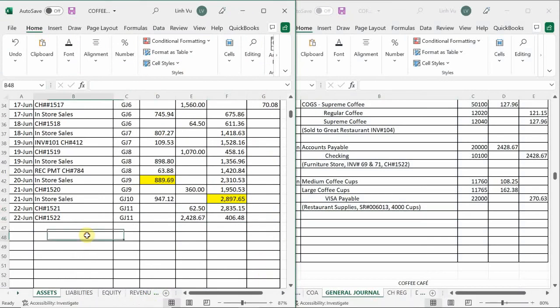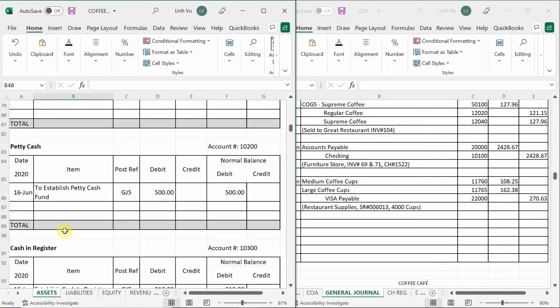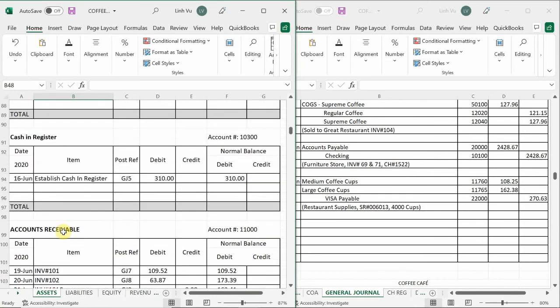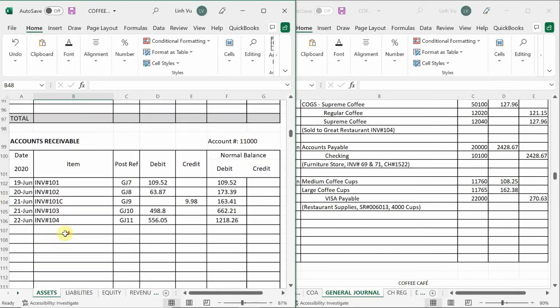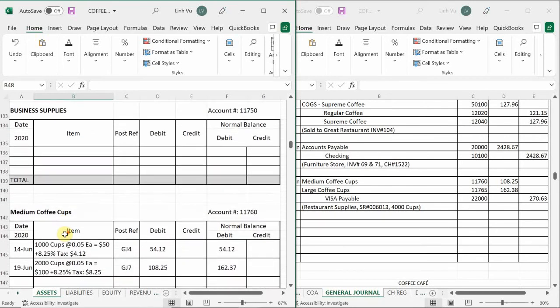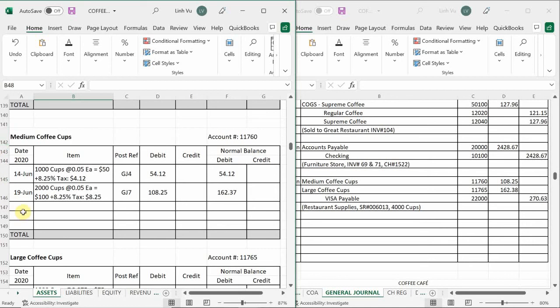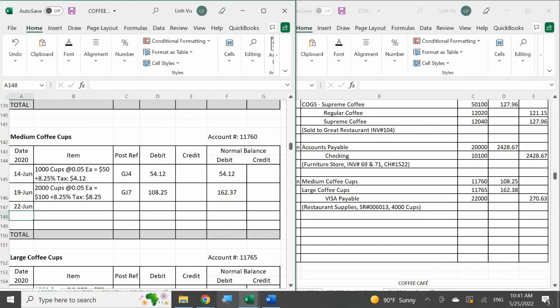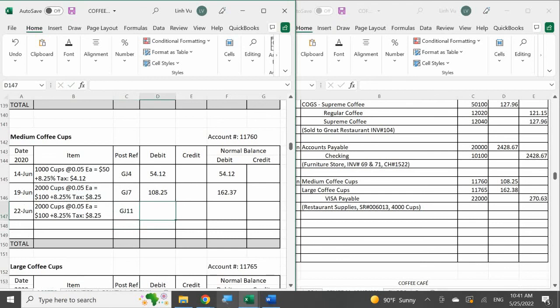So starting with our business supplies. For my medium coffee cups, I purchased 2,000 of them, plus tax. We're on General Journal 11 here, and it's going to be the same amount, 108.25.